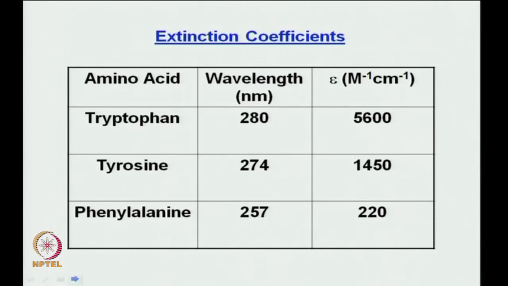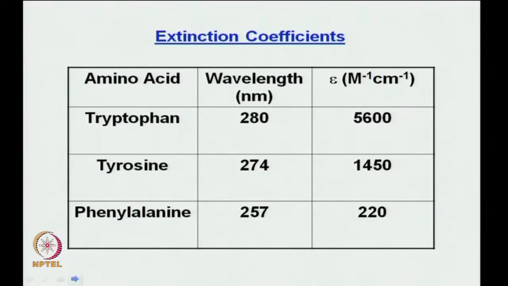And I will just give you the extinction coefficients. Look at tryptophan: at 280 it is 5600; tyrosine at 274 is 1450; phenylalanine at 257 is 220. So now you can understand why we do not use phenylalanine: its absorption coefficient is very small, hence the cross section area is also very small.